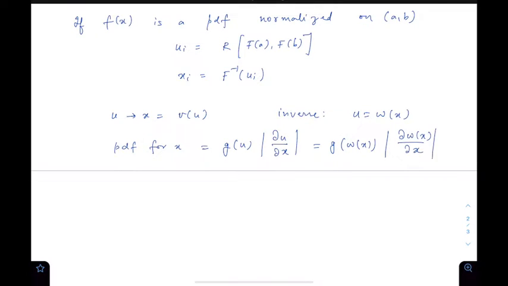Now here u is nothing but capital F of x, which basically means x is F inverse of u, and u is distributed uniformly. Which would imply g of u is just 1.